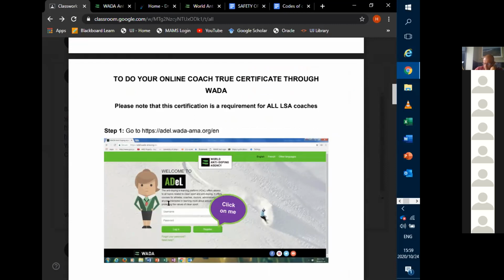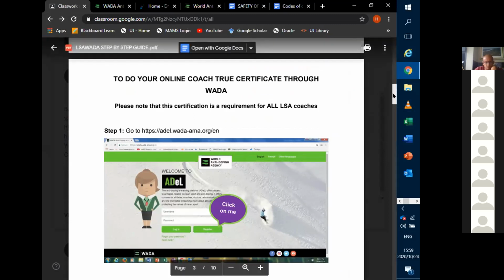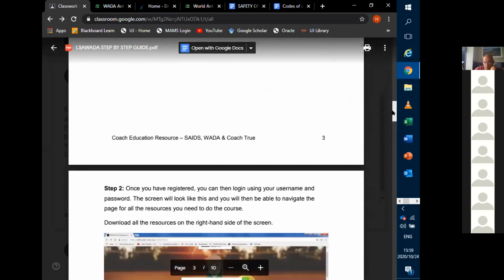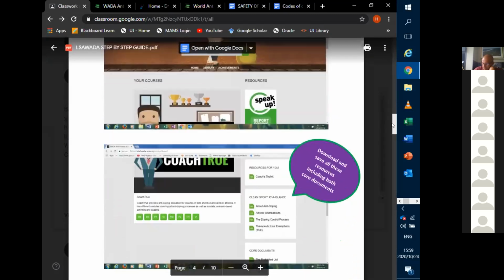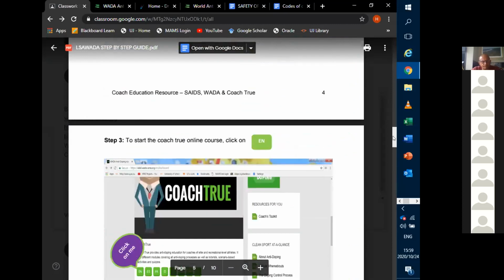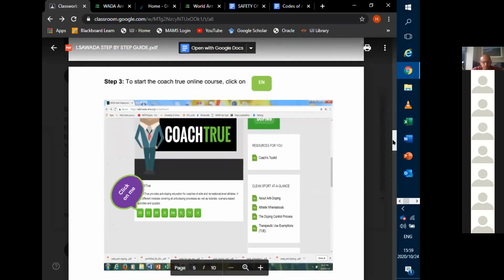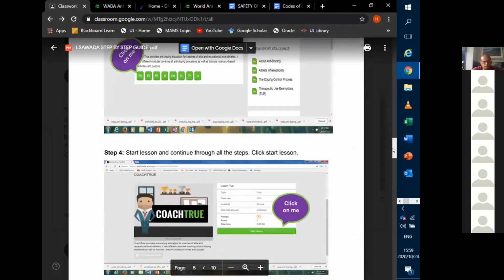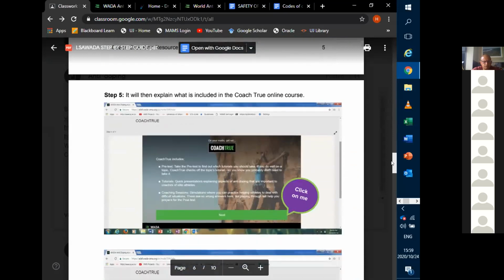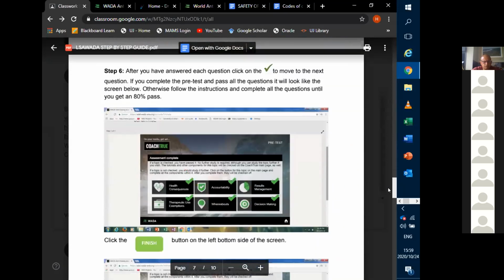It goes through how you register, with all the screenshots of all the different things that you will see, what you have to download, how you click onto the various tests, etc. So it's all there for you.